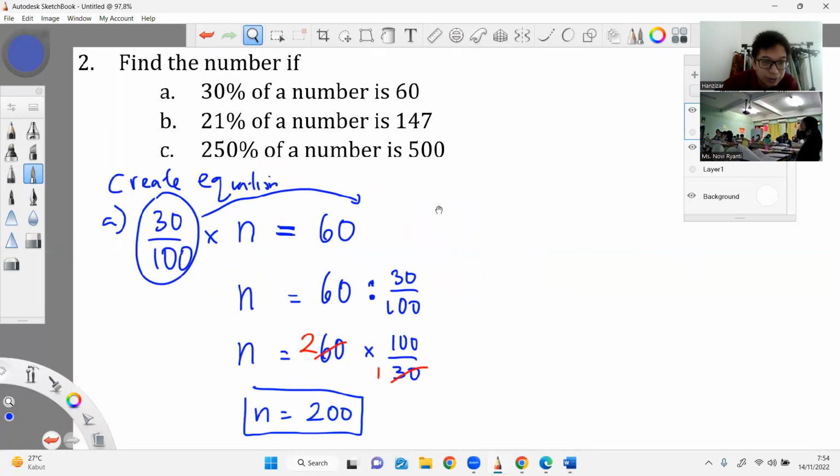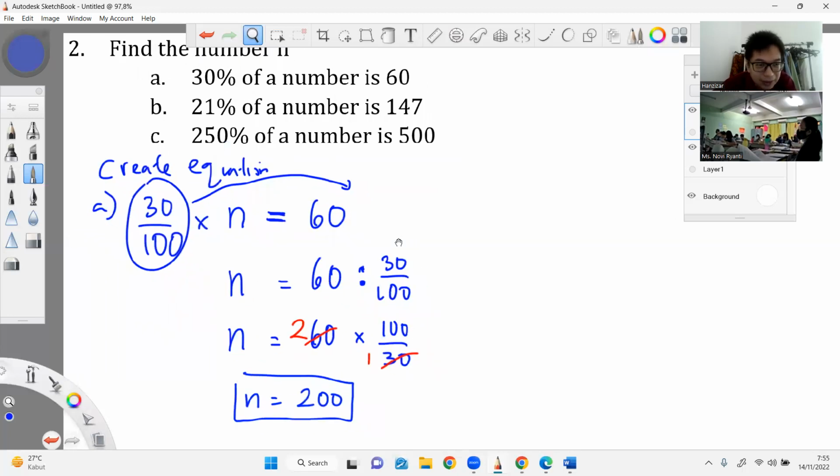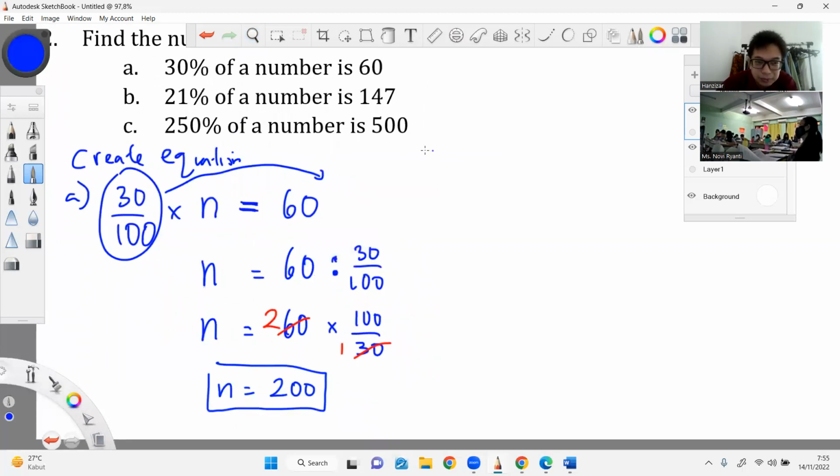It's proven. But I have another way. Another way, first we use the rate. 30% of the number. So the 30% is actually 60. So what is the original number?